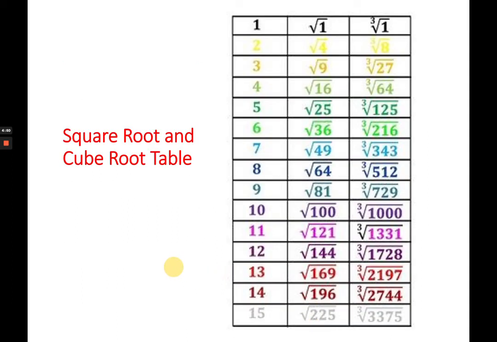Here is your table of perfect square roots and perfect cube roots, as reference, in case you don't want to use a calculator when simplifying your expressions, given that a base is of course a perfect square root or a perfect cube root.